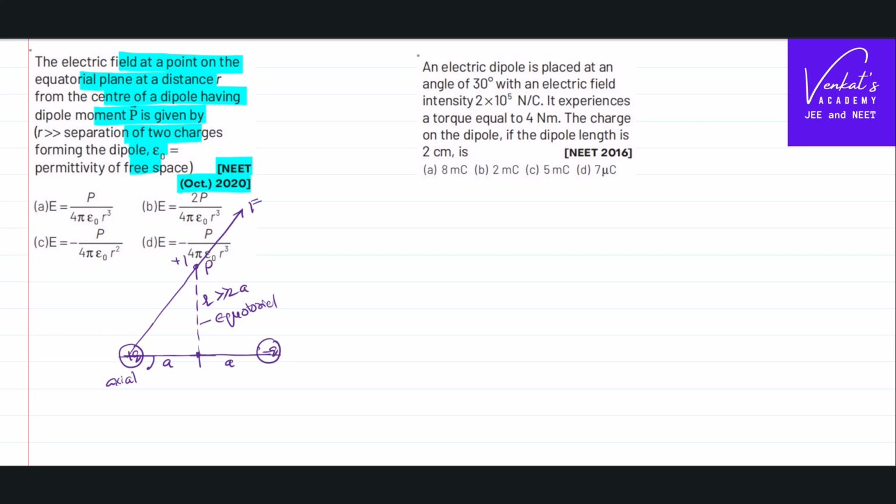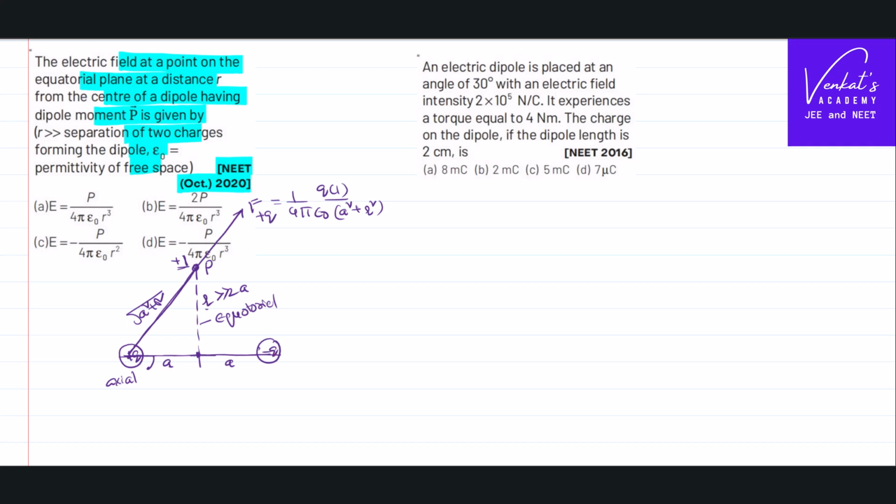How much is that? 1 by 4 pi epsilon naught q by the distance squared. This is a and this is r, so the distance becomes root of a square plus r square. So it becomes 1 by 4 pi epsilon naught q by a square plus r square, that is F due to plus q.